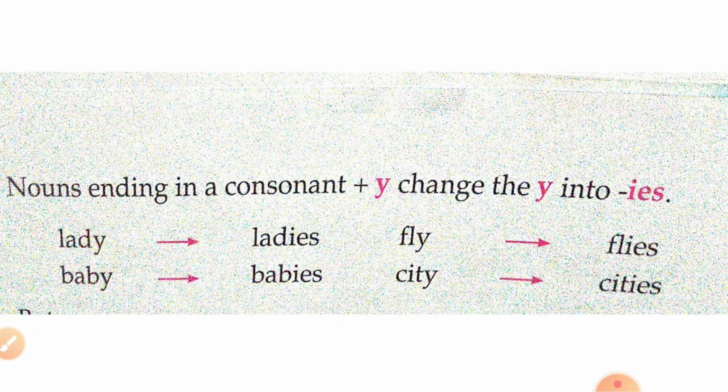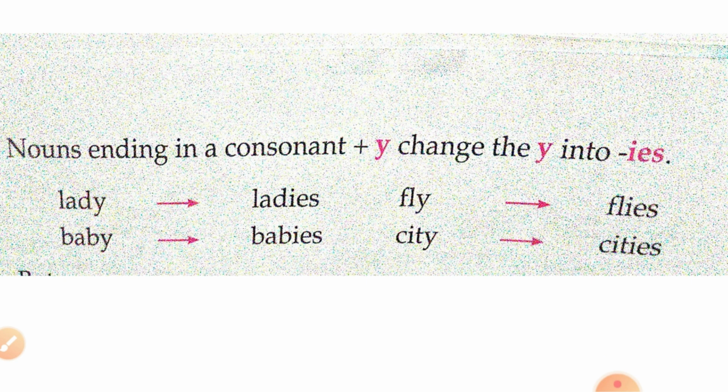Nouns ending in consonant plus Y. Change the Y into IES. Lady. See, its last letter is Y. So, we have to remove Y. And instead of Y, we have to write IES.